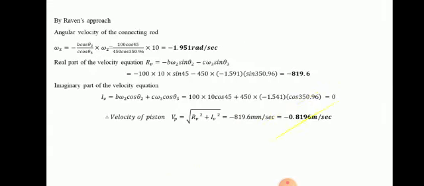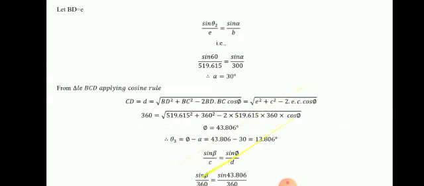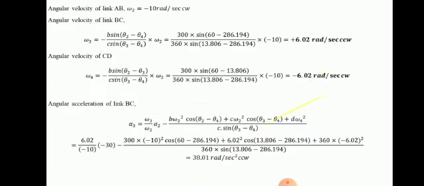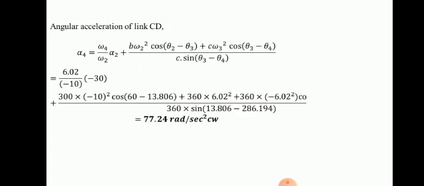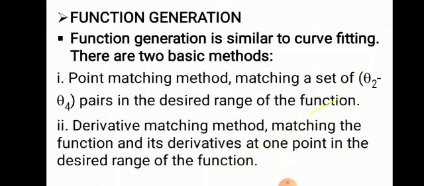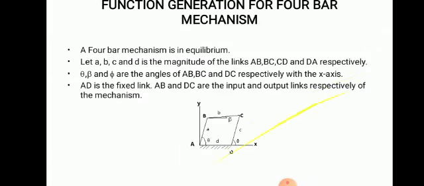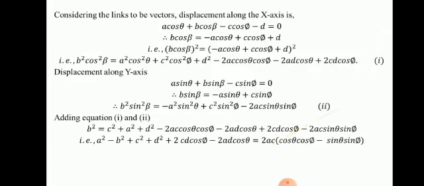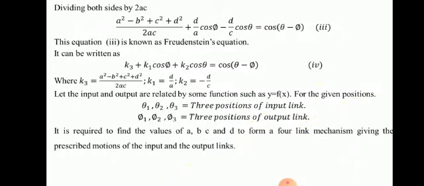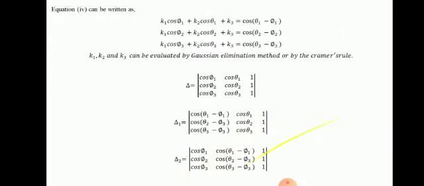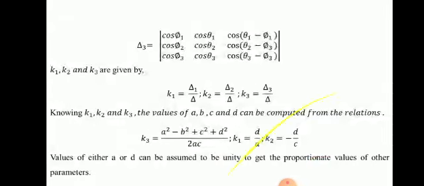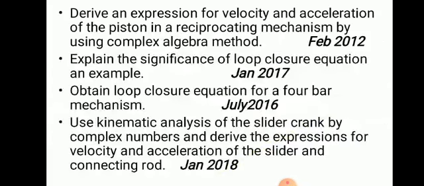In this chapter, the important questions they will ask are: derive an expression for velocity and acceleration of the piston in the reciprocating mechanism by using the complex algebra method.